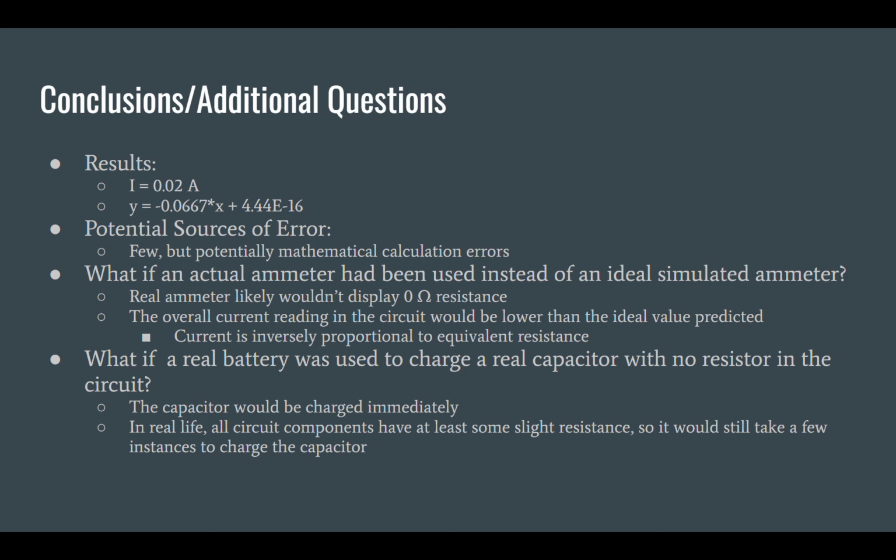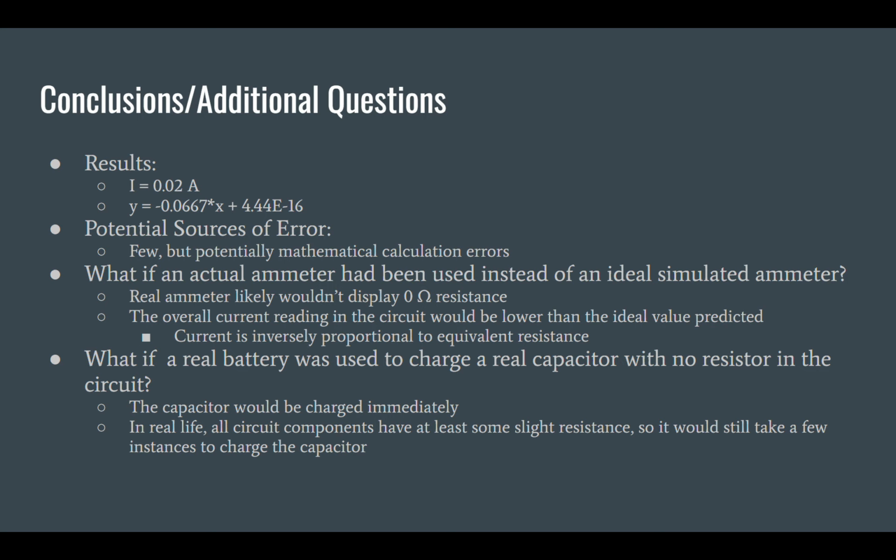So to conclude, I found that the value of I in the initial part was 0.02, and then after plotting the information that I collected from the second step, I found that the equation of the line was y equals negative 0.0667x plus 4.44e-16.